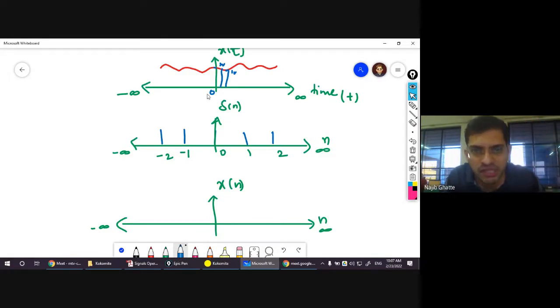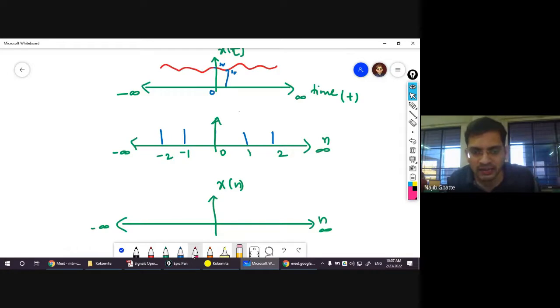So in a continuous time signal, the x axis is the time axis, ranging from minus infinity to plus infinity, and on the y axis I'll be taking an arbitrary signal x, which is a function of time t. Now I'll be using a comb function. What is a comb function? A comb function means it is a series of impulses.